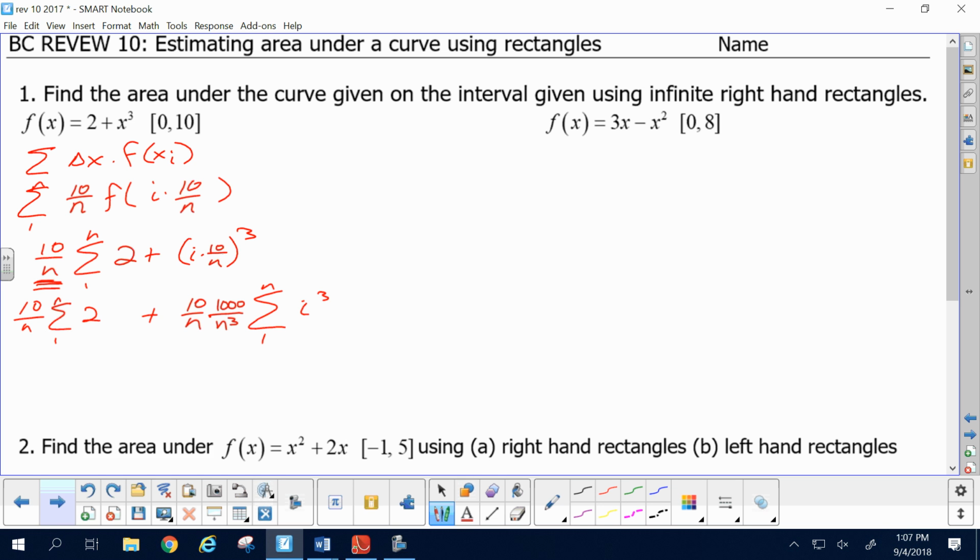All right. Now let's replace the summations. What is the sum of a bunch of constants? It's just that constant, how many times? That's just n times. So 2n, or 2 times n, is the sum of all those 2's.